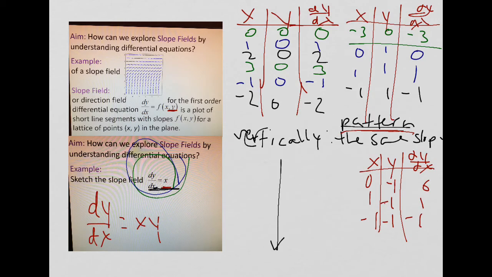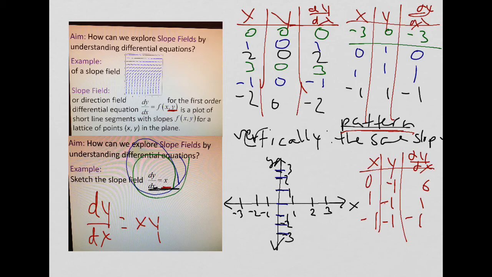Okay. So let me do my best to try to draw this out. So it's very much like graphing. Okay, and we get to fill this in. Okay, so when x was 0, our slope of our tangent lines are 0, so you have to draw in horizontal line segments.